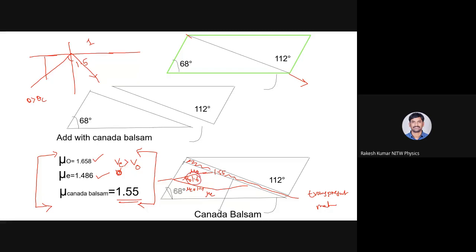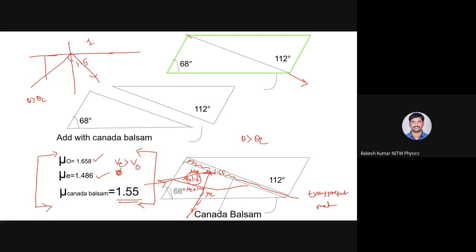So the ordinary ray has a possibility to undergo total internal reflection, provided you make it incident in such a way that the angle here is greater than theta c. When this happens, this ordinary ray will reflect back into the same medium.